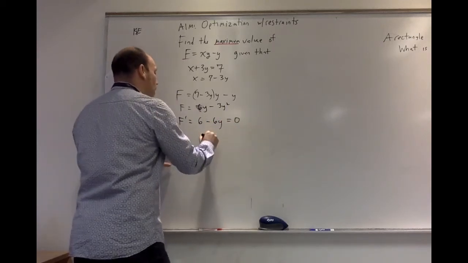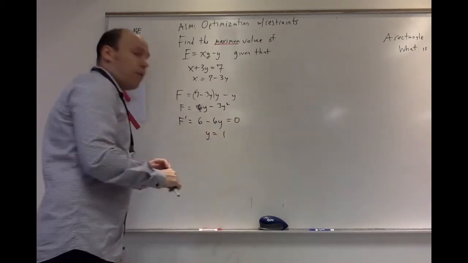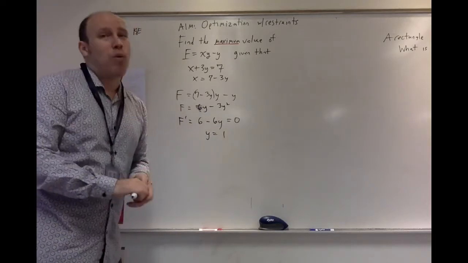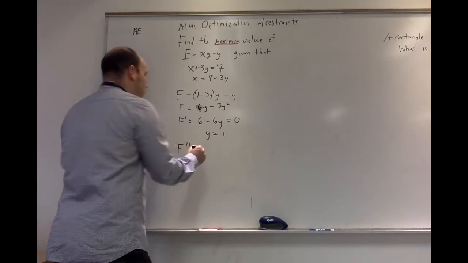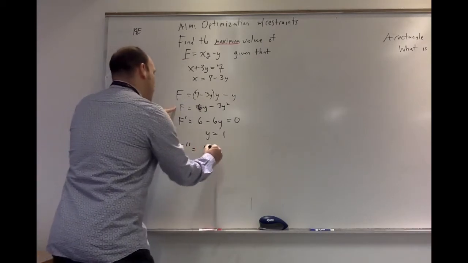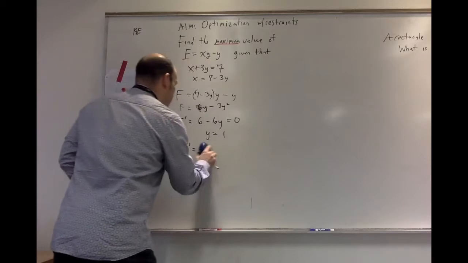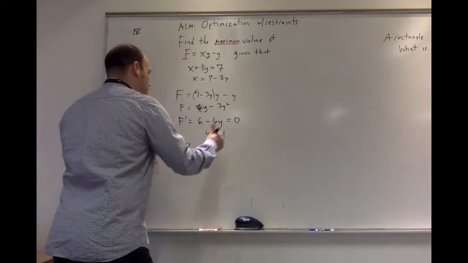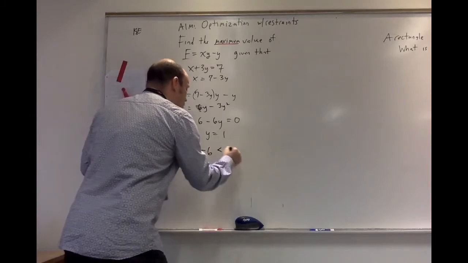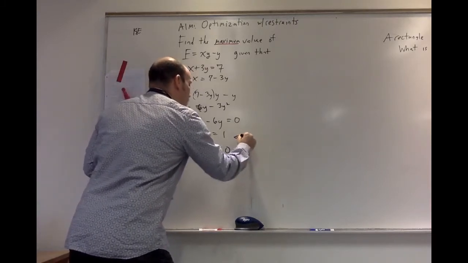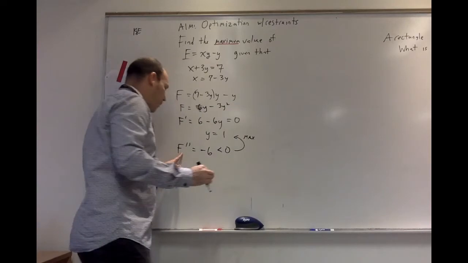It's clear that y equals 1. We want to determine if this is a maximum or a minimum. Let's plug it into the second derivative. The second derivative is negative 6. Therefore, it's always less than 0. Therefore, it's a max.